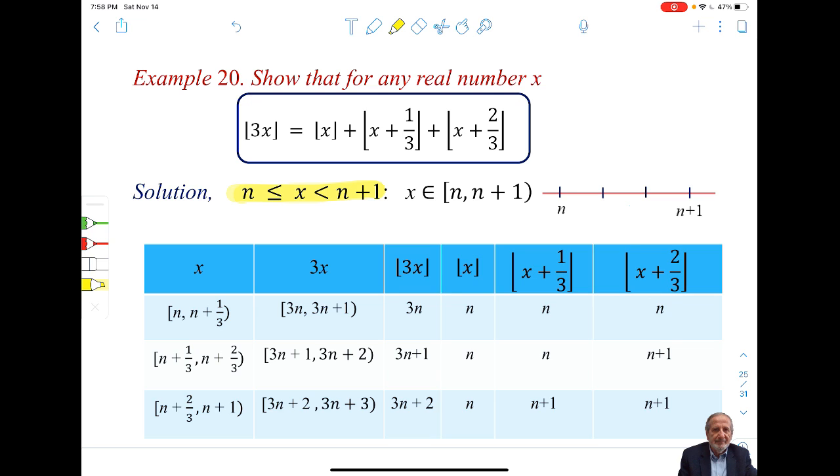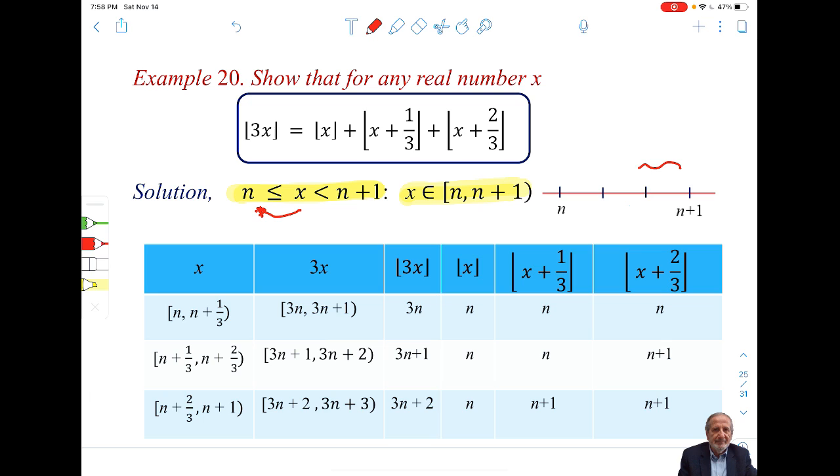When I included here x greater or equal than n, I also included in this demonstration the possibility that x is an integer, so I don't have to distinguish that case. It's already included here.